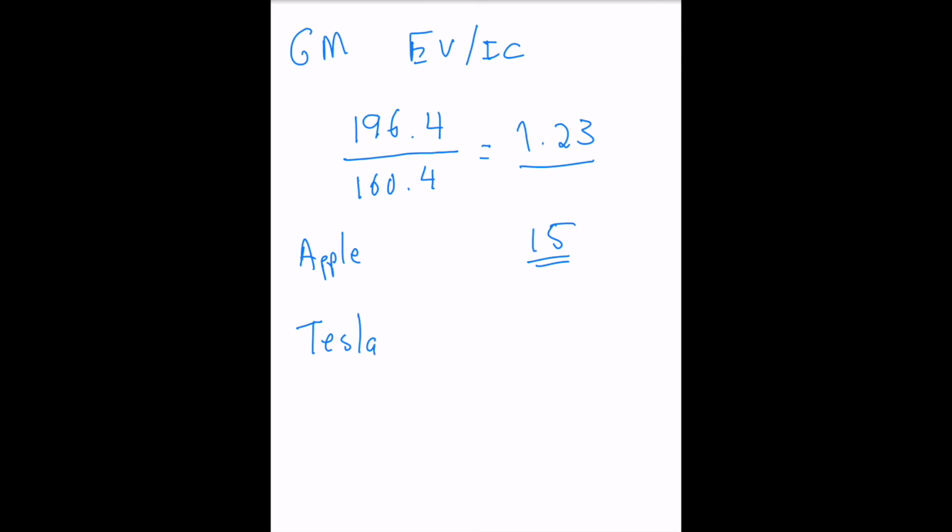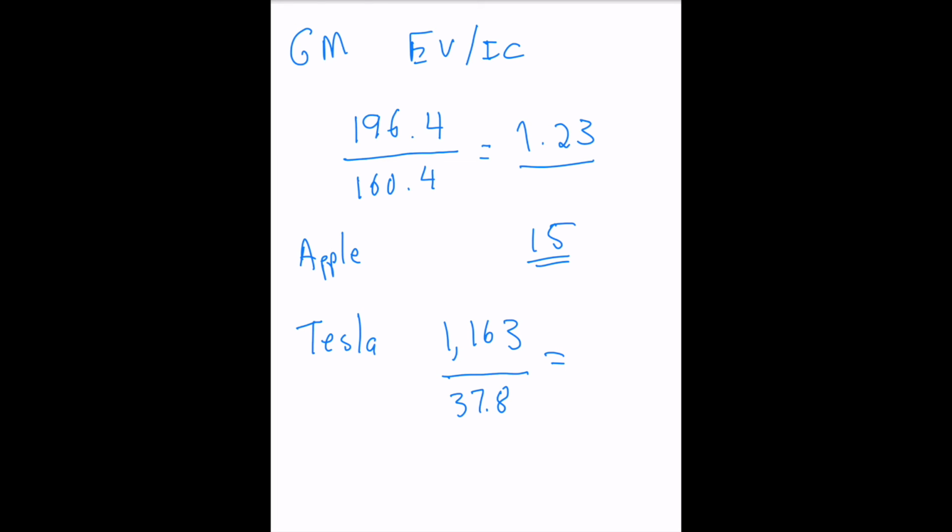Tesla currently has an enterprise value of, this is a couple days old, Tesla's enterprise value moves around a lot, $1,163 billion, or 1.16 trillion. And the invested capital is 37.8.